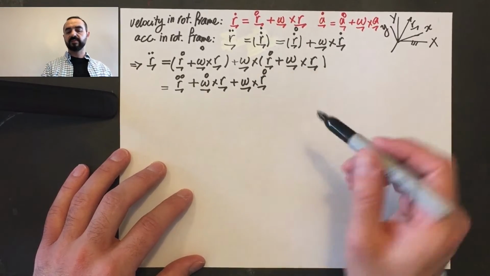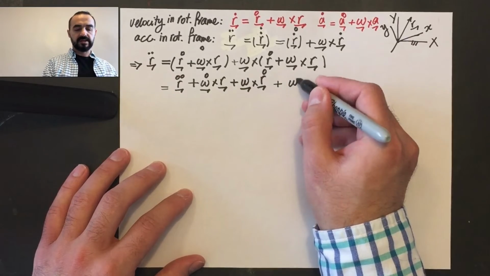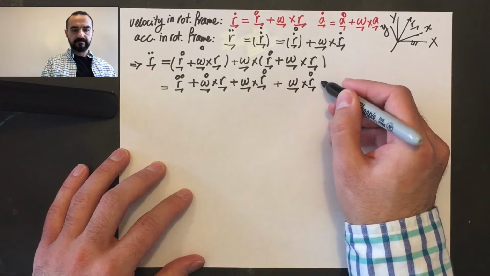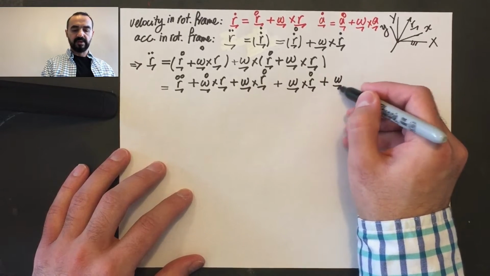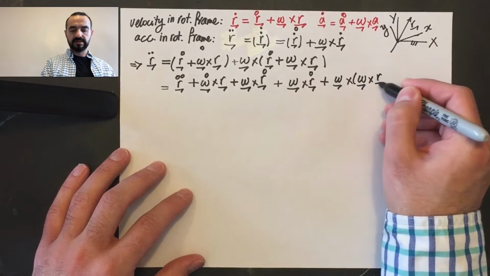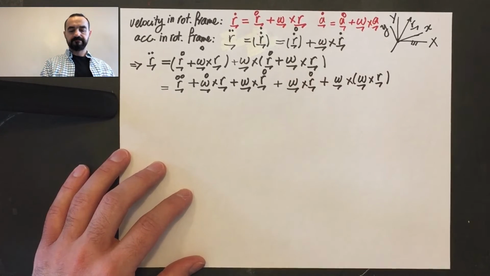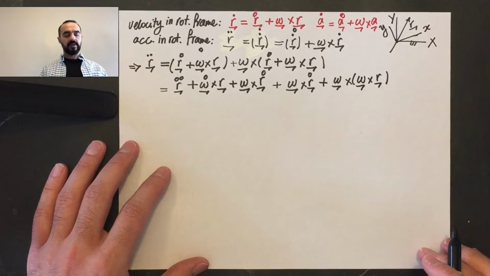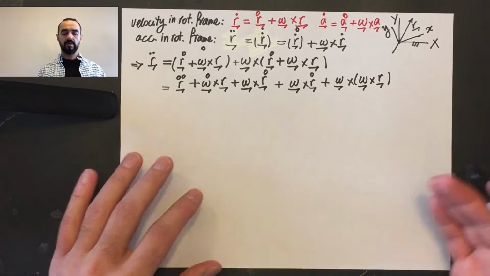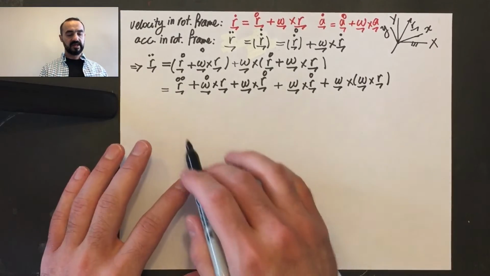We can simply expand this bracket and get plus omega cross r. All right, we are good now, because now you can already see that we have achieved our goal. On the right hand side, we only have circles.